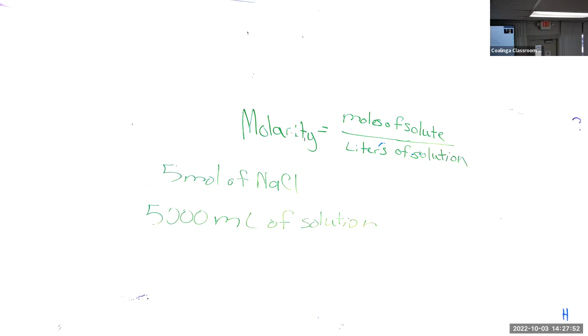Do you guys know what a volumetric flask is? Let me show you what a volumetric flask looks like, because you do need to know your glassware, right? It's dirty. That is a volumetric flask. What's the classic flask named again? Erlenmeyer, yes.